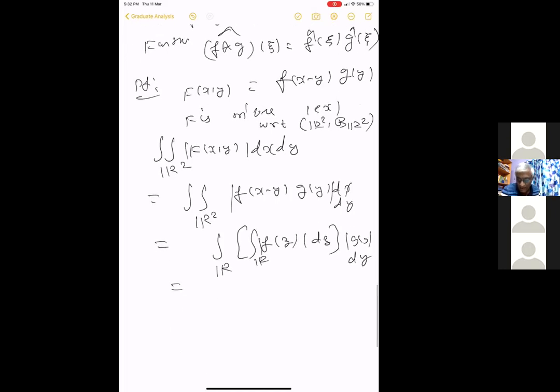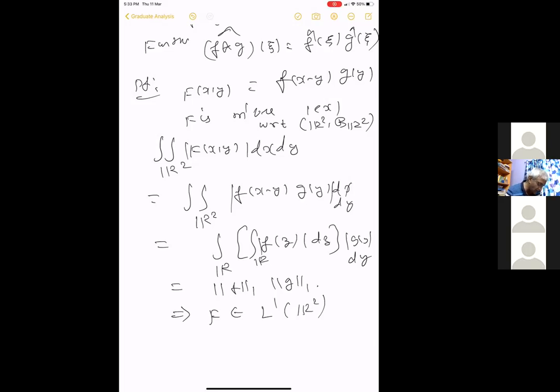Lebesgue measure is translation invariant, or you can use the usual calculus also. So you get this. Direct verification. So this implies F is in L1 of R2.